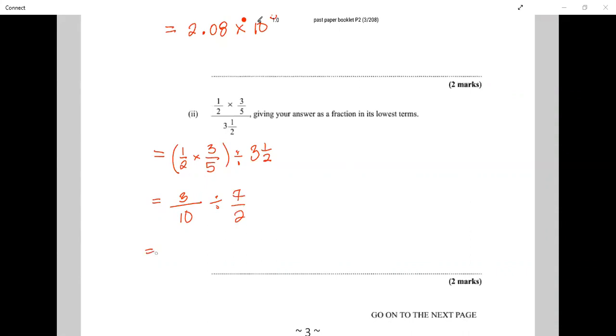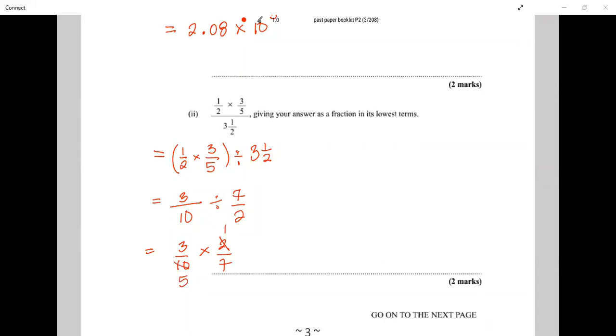So now we're dividing one fraction by another. We write back the first fraction, 3 over 10, change the division sign to multiplication, and invert the second fraction, so this is 2 over 7. Now we cancel: 2 into 2 is 1, 2 into 10 is 5.